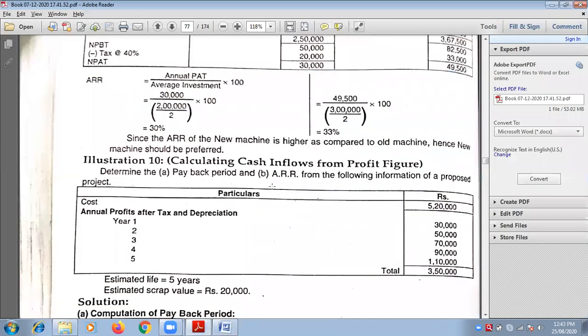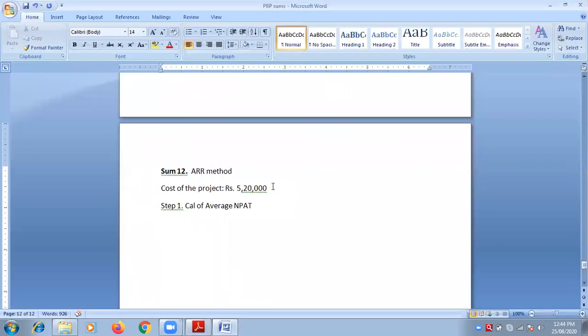So is net profit after tax readily available to you? Yes. Yesterday it wasn't, but today we are given ready-made amounts. But concluding that net profit after tax is what we need in step number 1 is wrong.